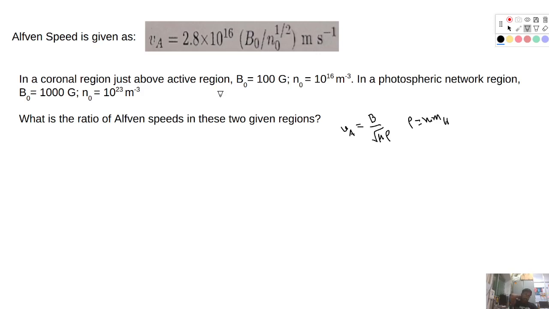Now you have a coronal region just above an active region. In a photospheric network region, you have this one. So if we have to find out the ratio of Alfvén speed in these two regions, let's say this is VA around the active region, which is basically the coronal region, and VA around the network.